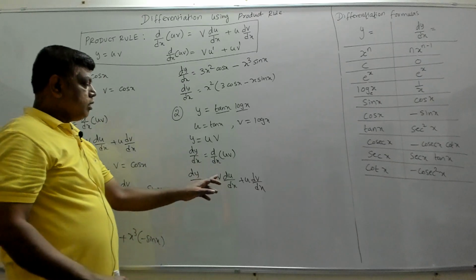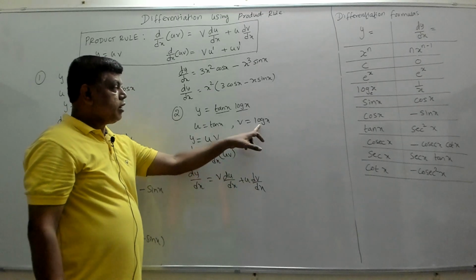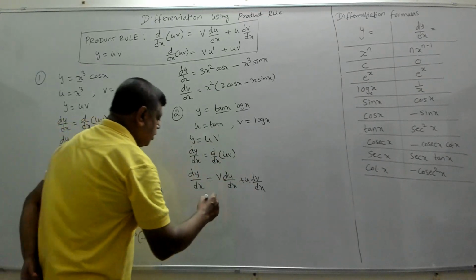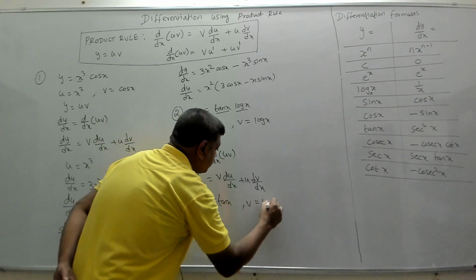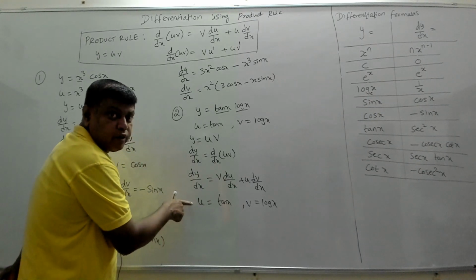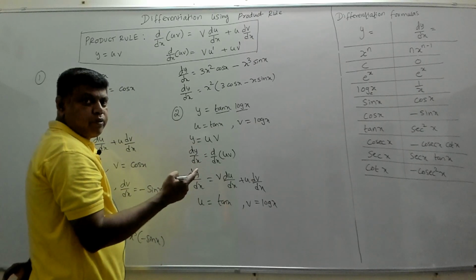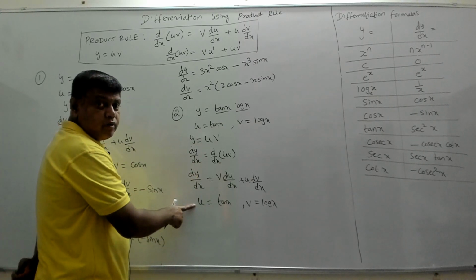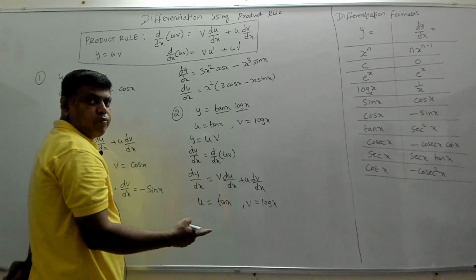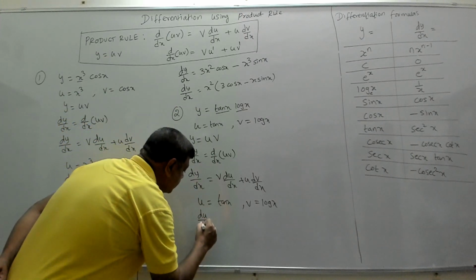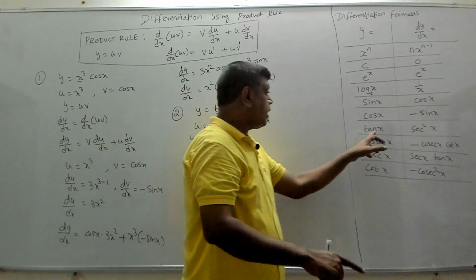Now we must find du by dx and dv by dx. du by dx is the derivative of u, and dv by dx is the derivative of v. Let's write again: u is tan x and v is log x. Differentiating u with respect to x is du by dx, which is the differentiation of tan x, that is secant square x.